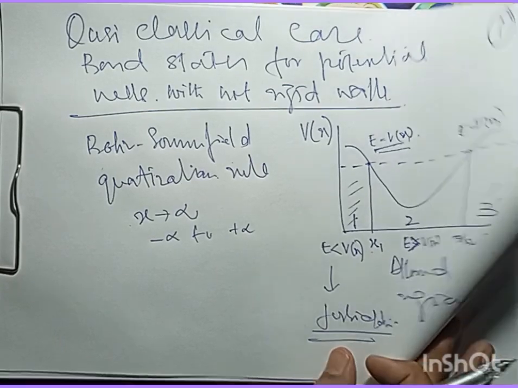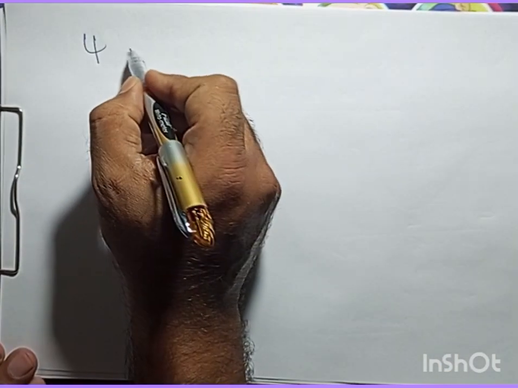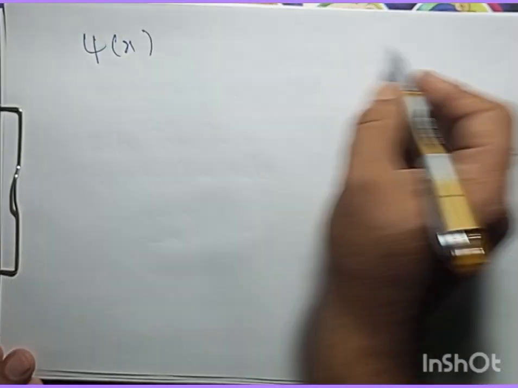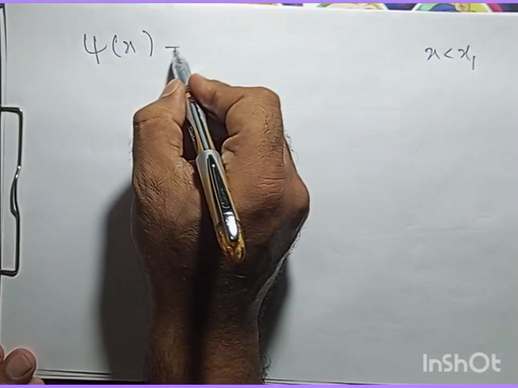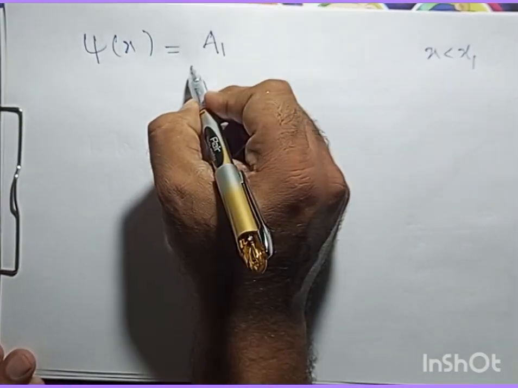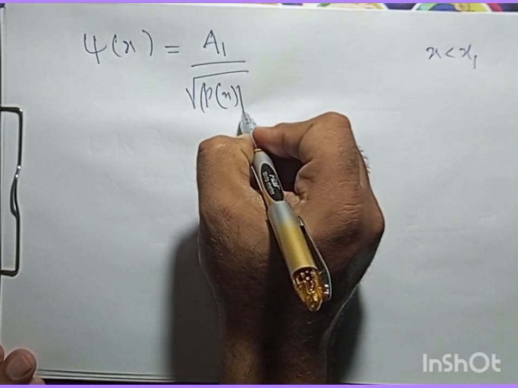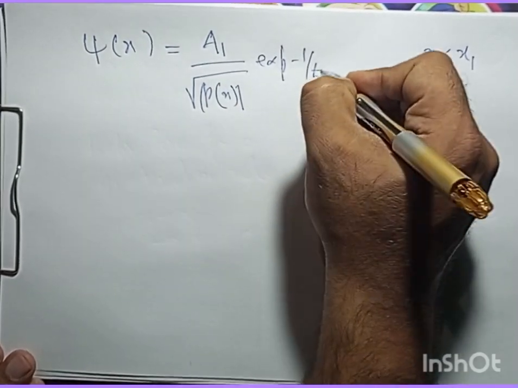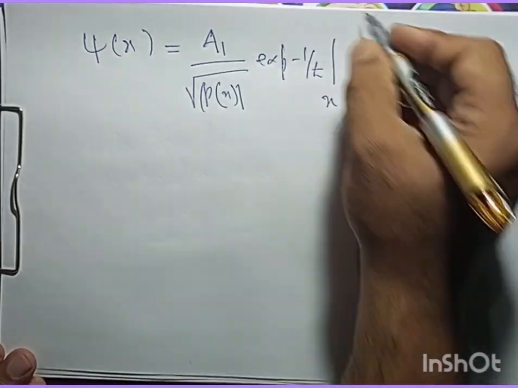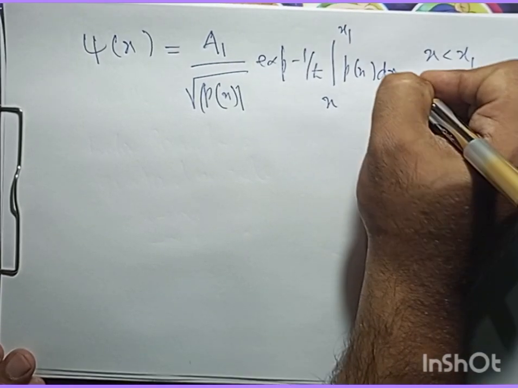So if we write down the wave function psi of x, for a region x less than x1, this psi of x we take as A1 divided by the square root of the magnitude of p of x, times exp of minus 1 over i h-bar, integral from x to x1 of p of x dx.